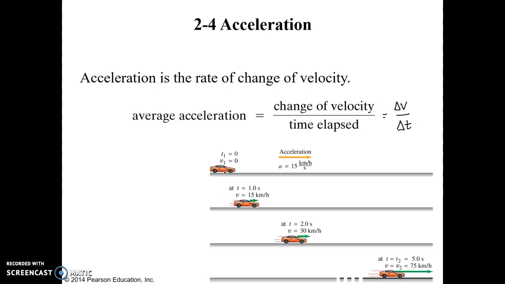Oftentimes we associate acceleration with automobiles, with high-performance sports cars. We want to know what their 0 to 60 time is. How quickly do they accelerate? That's how quickly we change velocity, in the context of 0 miles per hour to 60 miles per hour in some given period of time.